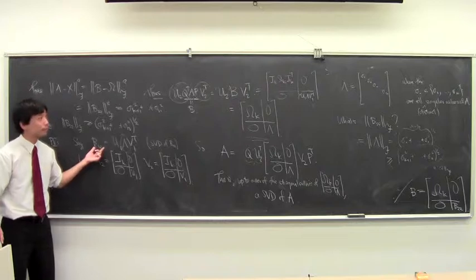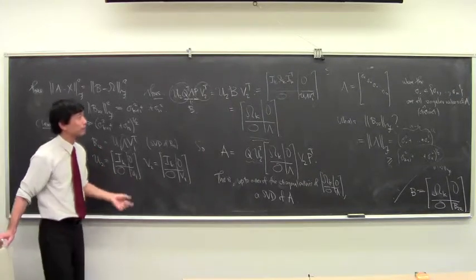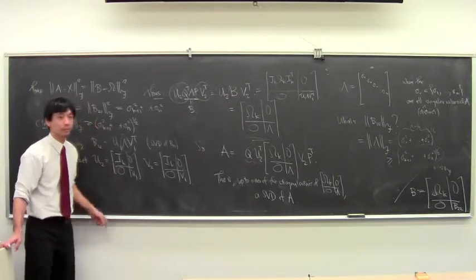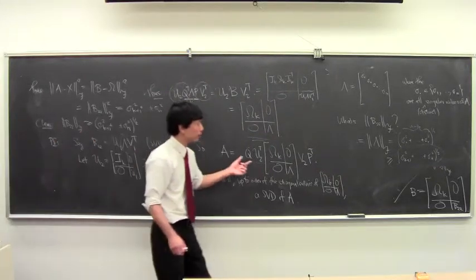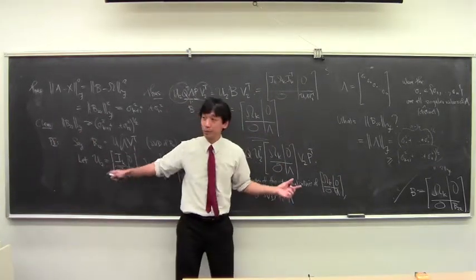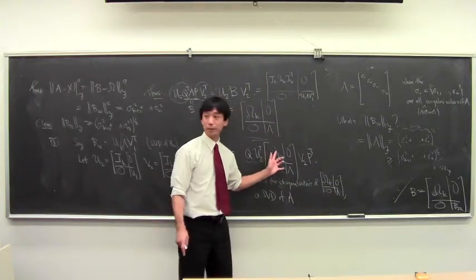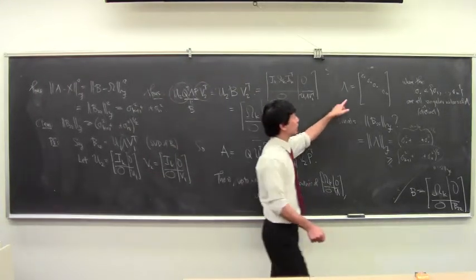But it turns out that the singular values of B22 are singular values of A. That's this point here.